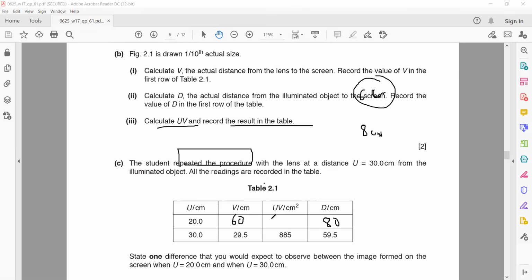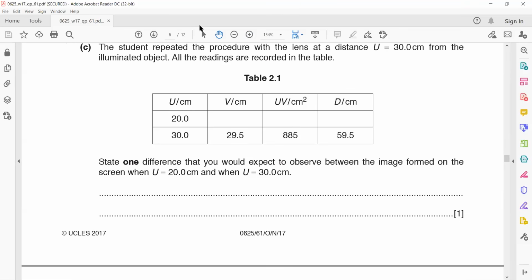Twenty multiplied by 60. It will be 1200, the product. So these are the values: 60, 1200, and 80.